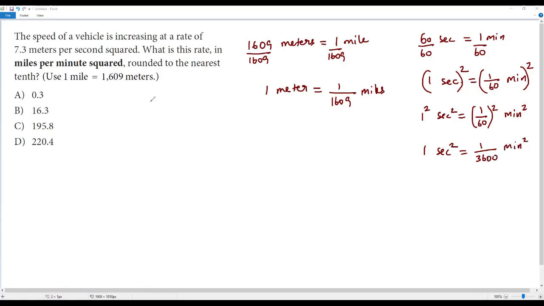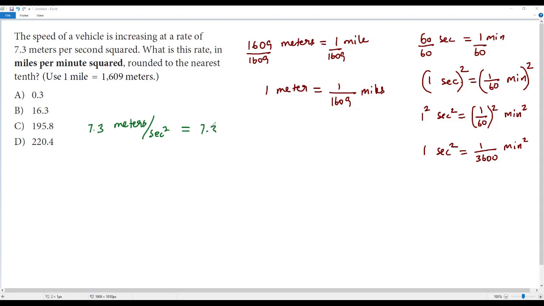Okay, let's consider the given rate, that is 7.3 meters per second squared. Let me write it over here, 7.3 meters per second squared. We got that 1 meter equals 1 over 1609 miles. We can plug in this one for meters over here.